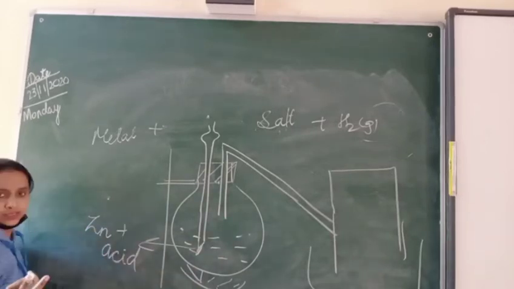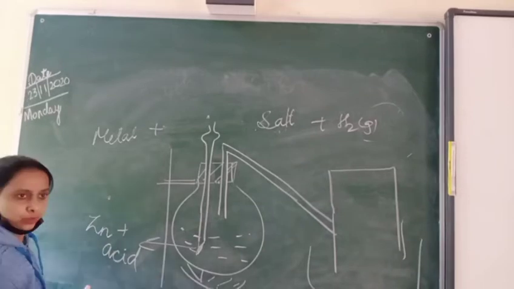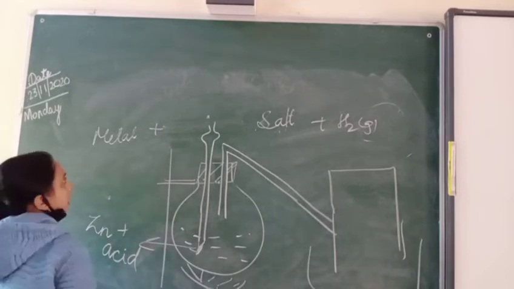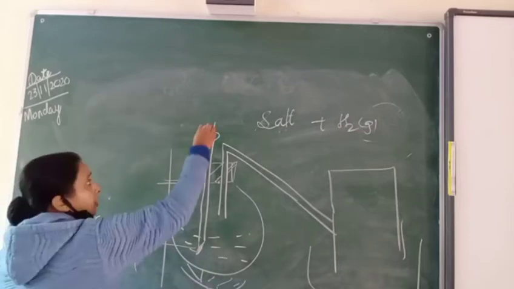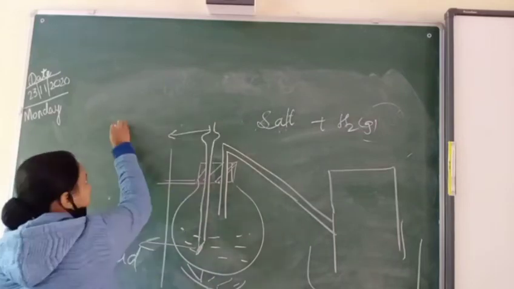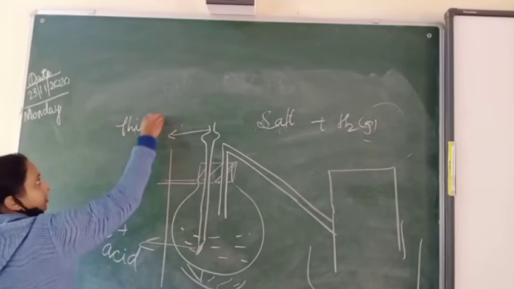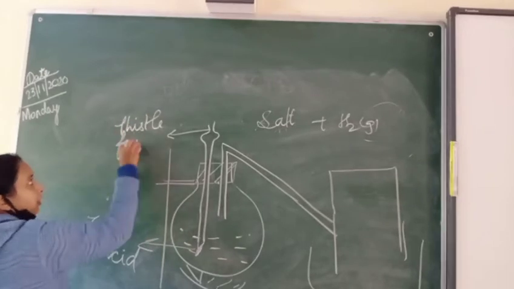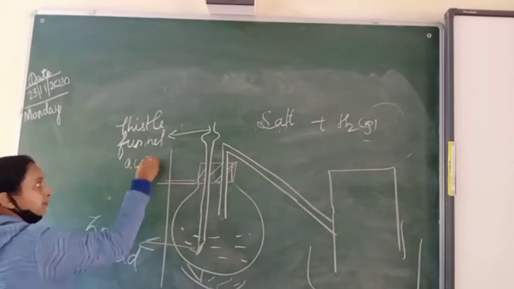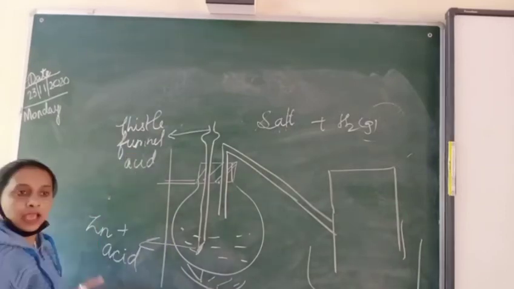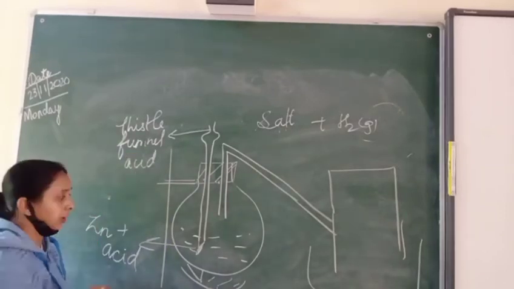Now just see the diagram. From this thistle funnel, what we are going to add is acid. What we need to remember is that the tip, the end of this thistle funnel, should be dipped into the solution.